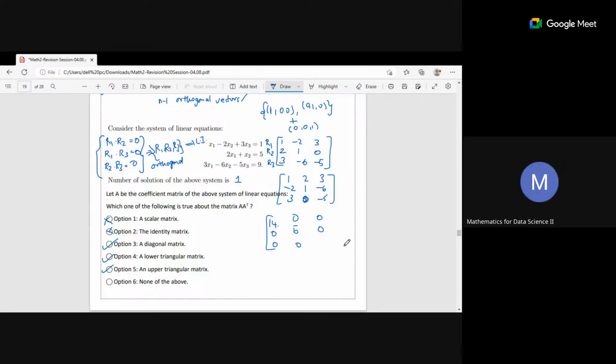This is R1 into R1. This is R1 into R2. This is R1 into R3. The same R3 into R1, R2 into R2 and all. And this last one is R3 dot R3. So what is R3 dot R3? It is 9 plus 36 plus 25.